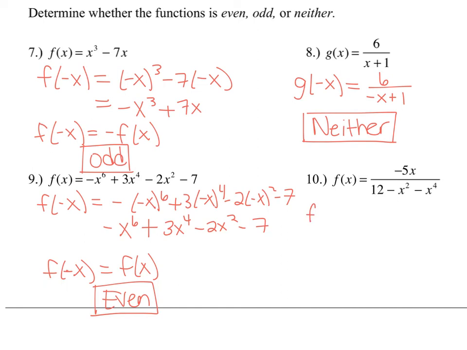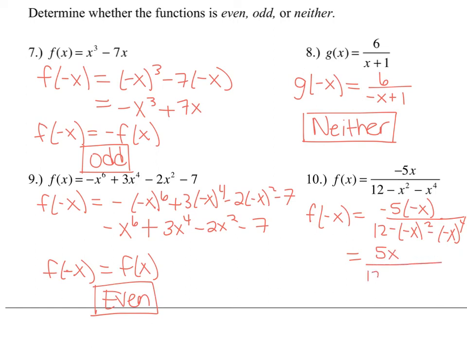Number 10. So f of x equals negative 5x divided by 12 minus x squared minus x to the fourth. Let's replace x with negative x. So in the numerator, negative 5 times negative x gives you positive 5x.